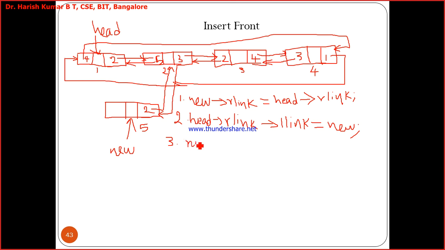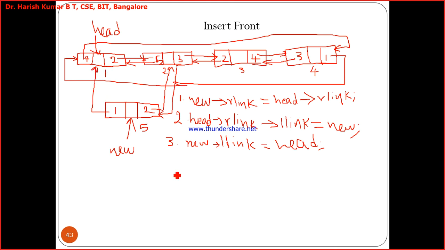So new arrow L link is equal to head. Now 1 gets stored here. That means from this node you can go to header node. This address is 1.